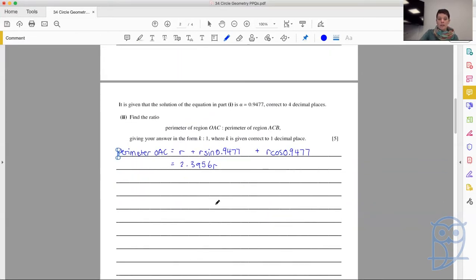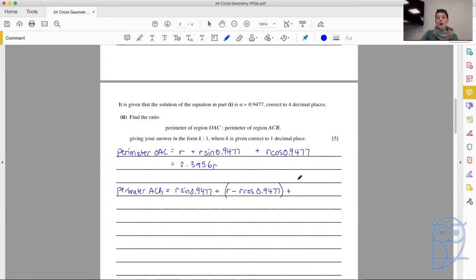So the perimeter of ACB equals R sine 0.9477, there's our AC, plus BC, R minus R cos 0.9477, plus, how do we do the arc?